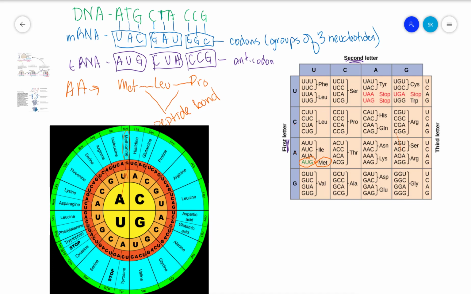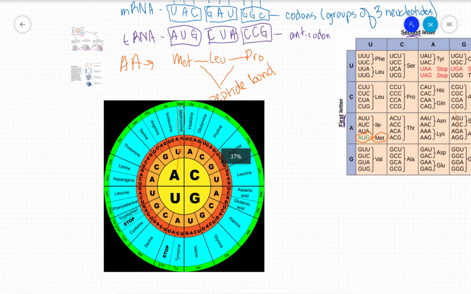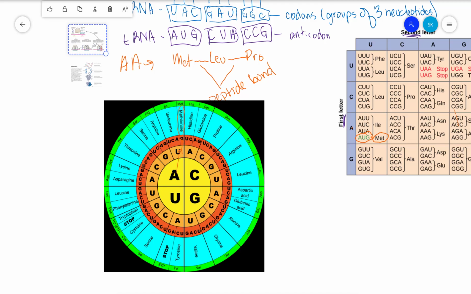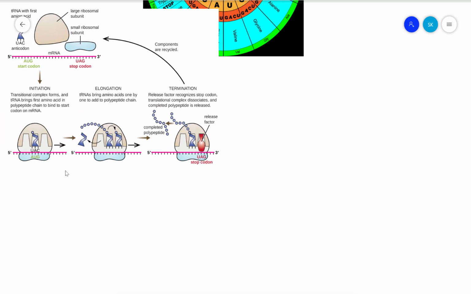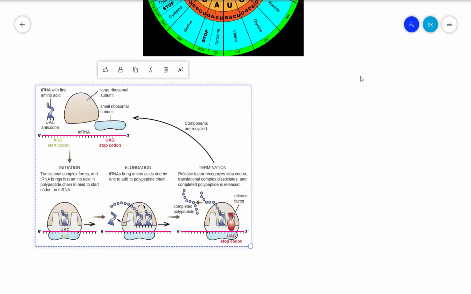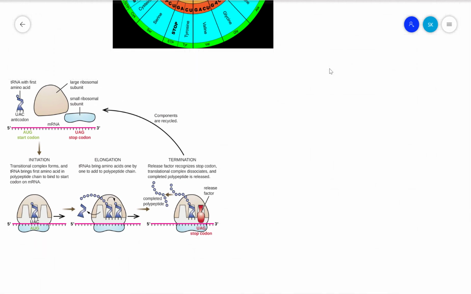All right. So let's scroll down here just a little bit. And I have this picture, which is very, very detailed, of what I'm going to describe to you. It's a little more detailed than I'm going to require of you, but this should help you understand what I'm saying. Remember, just like in translation, we had 3 steps: initiation, elongation, and termination. We're going to have the exact same 3 steps here.